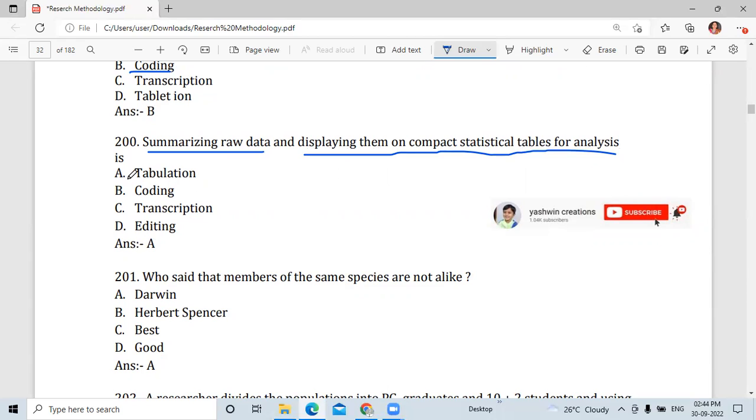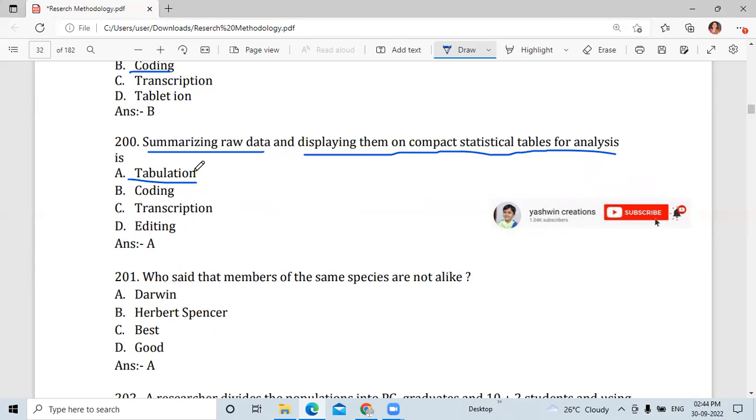Next, summarizing raw data and displaying them in compact statistical tables for analysis is what? It is tabulation. Whatever data we have collected, we need to summarize the raw data and display it in compact statistical tables. For example, some students got 50%, some got 70%, and how many students have failed.